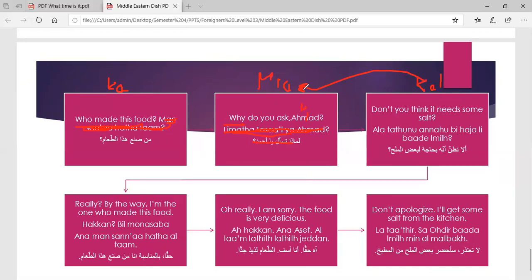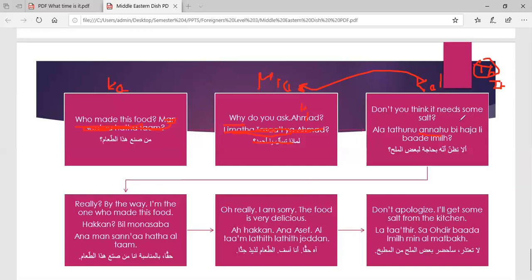Okay. ألا تظنين. أنه. Why it's أنه? Because here you didn't mention this food. You made it's and the food is masculine, so you say أنه. Okay, so it's related to the object. Okay then. So ألا تظنين أنه بحاجة إلى بعض الملح.